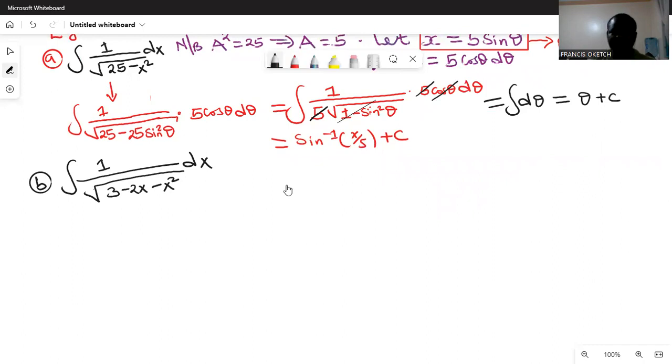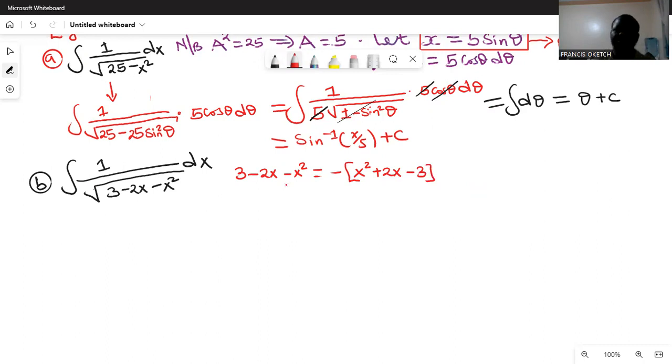We are going to say that 3 minus 2x minus x squared, you need to make the coefficient of x squared to be 1. So this can be written as negative, factor out the negative 1, inside we have x squared plus 2x minus 3. I have factored out the negative so that the coefficient of x squared is 1.